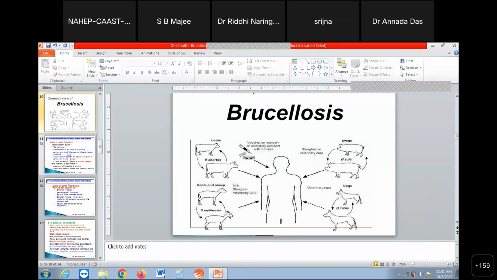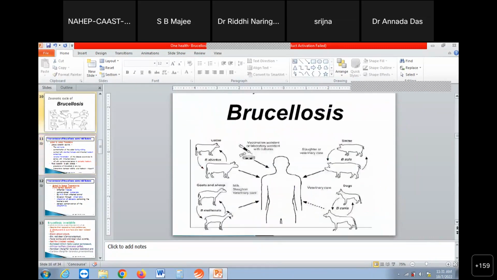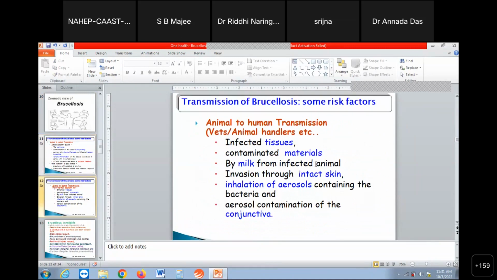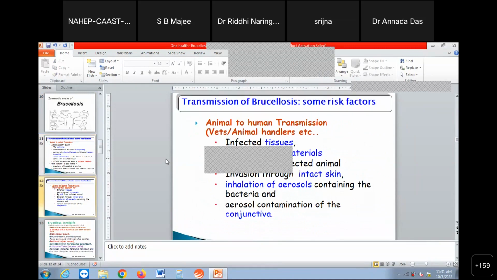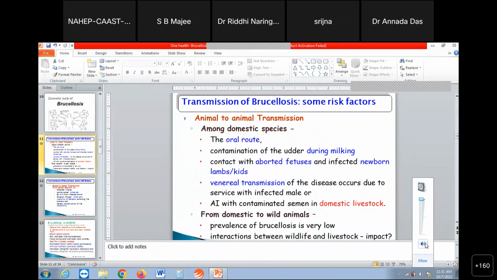Now we just go to the next slide, that is about the risk factors. So the risk factors in animals, sorry, the previous slide first. So we have got these risk factors. The first one is animal to animal transmission. Just think about the previous slide.